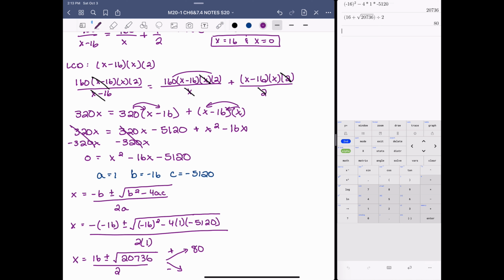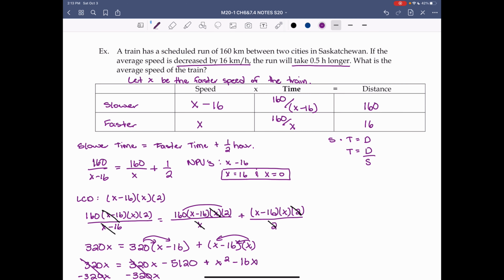And then if we go back up and alter that equation to have 16 minus, we get negative 64. Okay, what does this represent? X, we saw up here, we defined x as the faster speed of the train.